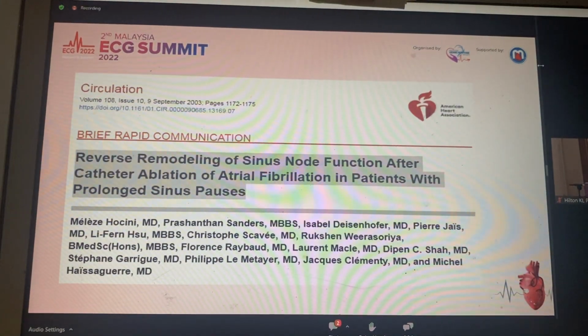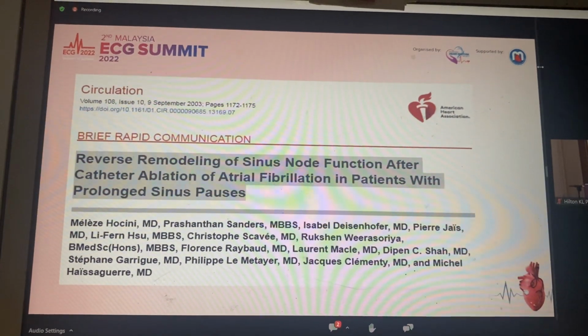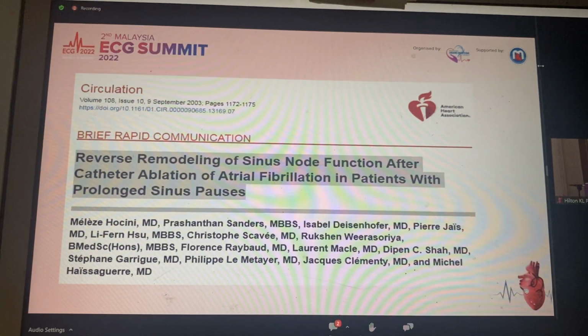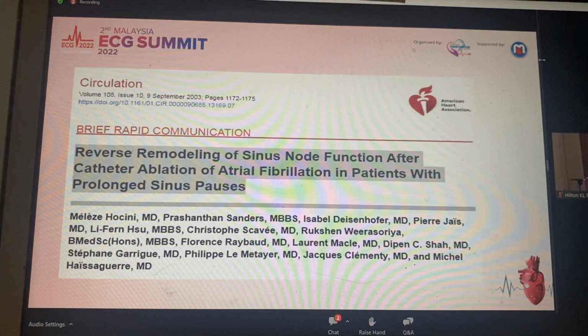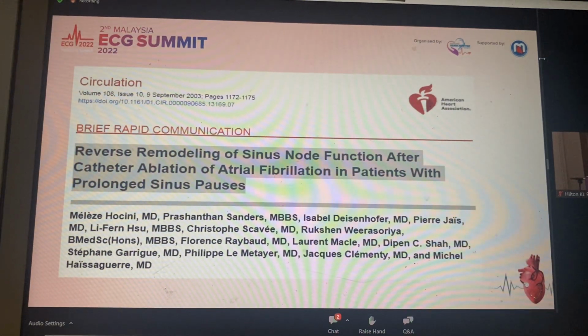Okay, this one, the paper was published in 2003. It's quite some time already. So basically, in a patient with irregular tachycardia as part of the tachy-brady syndrome, basically it's AF, we can offer catheter ablation.